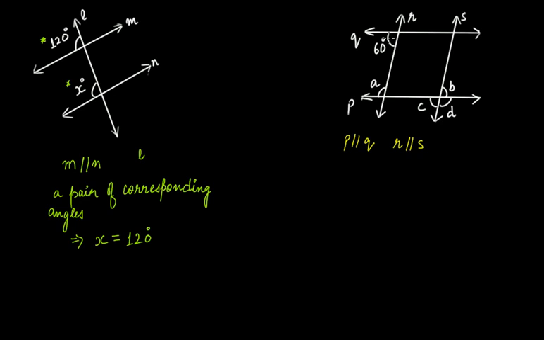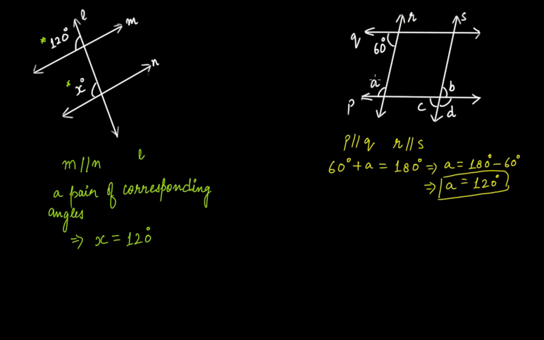Therefore, the sum of these two angles will be supplementary, that is, the sum will be equal to 180 degree. So 60 degree plus A will be equal to 180 degree, and from here you will get A is equal to 180 degree minus 60 degree, and you'll get what? 120 degree.